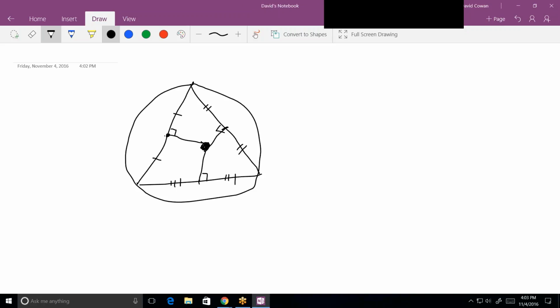The unique property of that center is that it is equidistant from each vertex. In other words, this distance is equal to that distance, which is equal to that distance, which is one thing that allows you to inscribe that triangle inside of a circle, is that whatever the center you come up with, which is the center of the circle also, will be equidistant from the vertexes of the triangle.